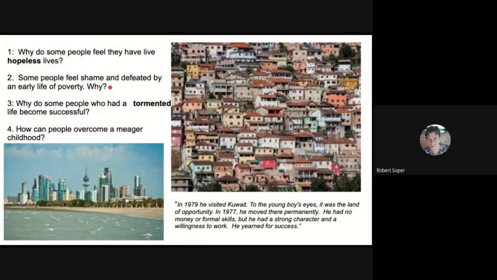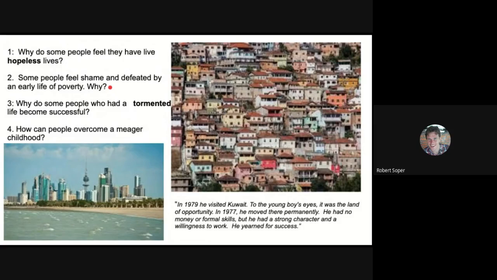Okay, let's go through the answer together. Well, one reason why people feel shame and defeated by an early life of poverty is that they feel that they do not have the same opportunities in life as other people.